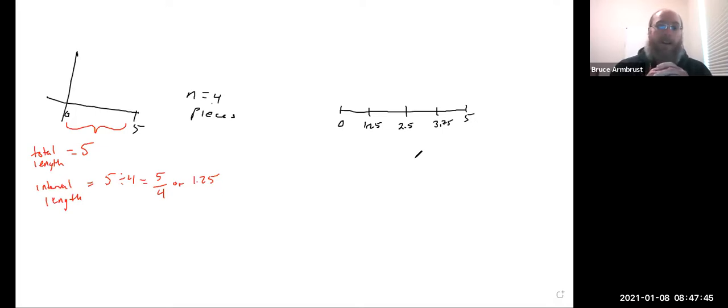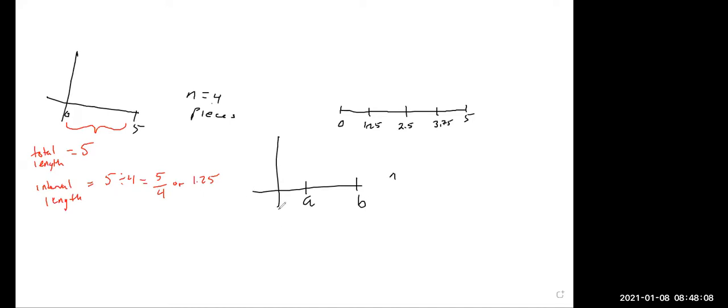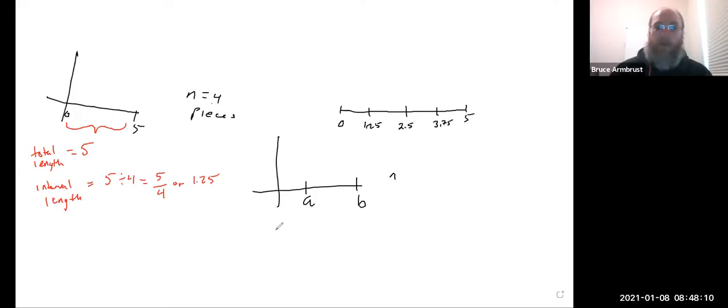Or e/6, or whatever. Anyway, same story. We're still taking that entire length and splitting it equally. That just means divide by n. In fact, if we wanted to make this nice and generic, we could call these A to B, and we're going to do n intervals. Then the length of each of the smaller intervals, what's it going to look like?